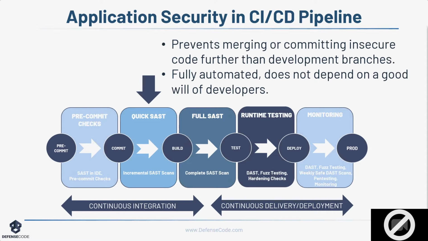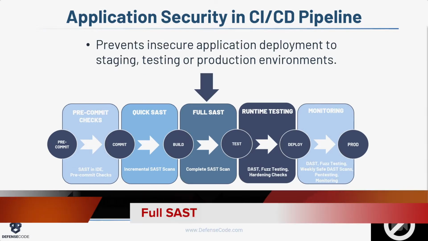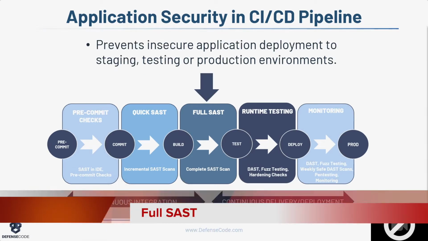A SaaS solution is integrated directly into version control services or source code management systems to trigger a security scan whenever an event such as a code commit and push happens. So developers cannot decide if they are going to run this scan. It happens automatically, and if the code fails the test, it cannot be merged further. The same applies to build systems. The code will not be built and pushed forward to runtime testing or deployment if it fails security checks.